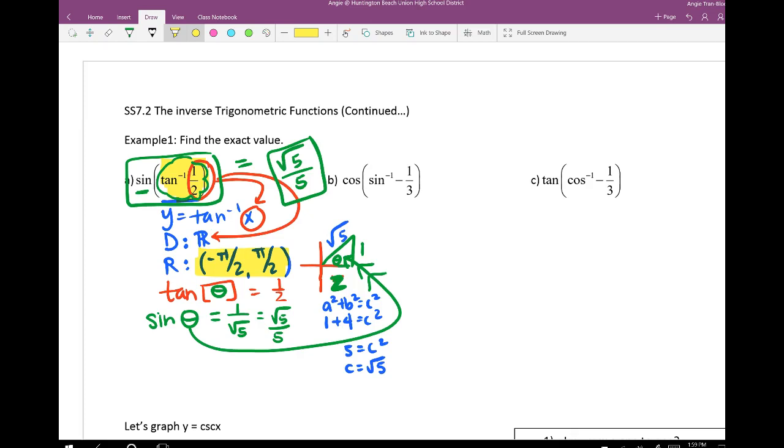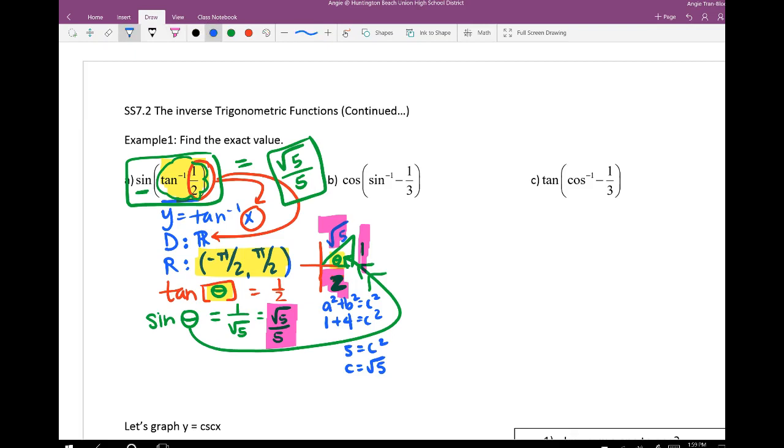What you need to do is treat this angle as theta, an unknown theta, and use the ratio to find the rest of your solution, okay? Let's try that again with B. Okay, B.